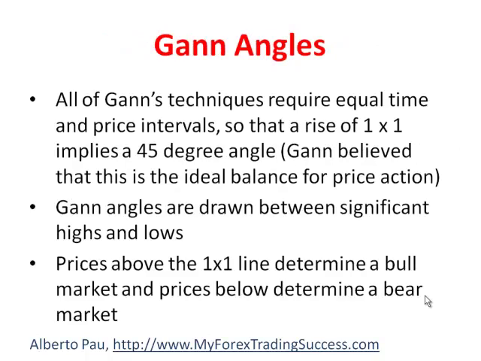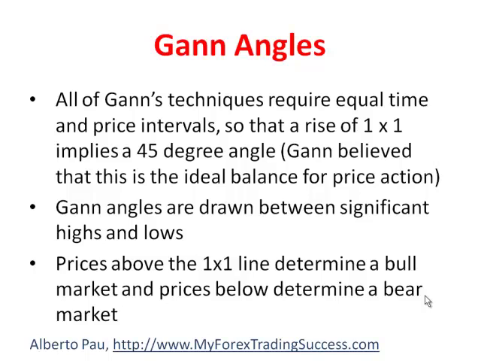So what are Gann angles? They are special angles that you draw on a chart and that will give you a good indicator of what the price is going to do over the next X periods. So let's get started. All of Gann's techniques require equal time and price intervals.